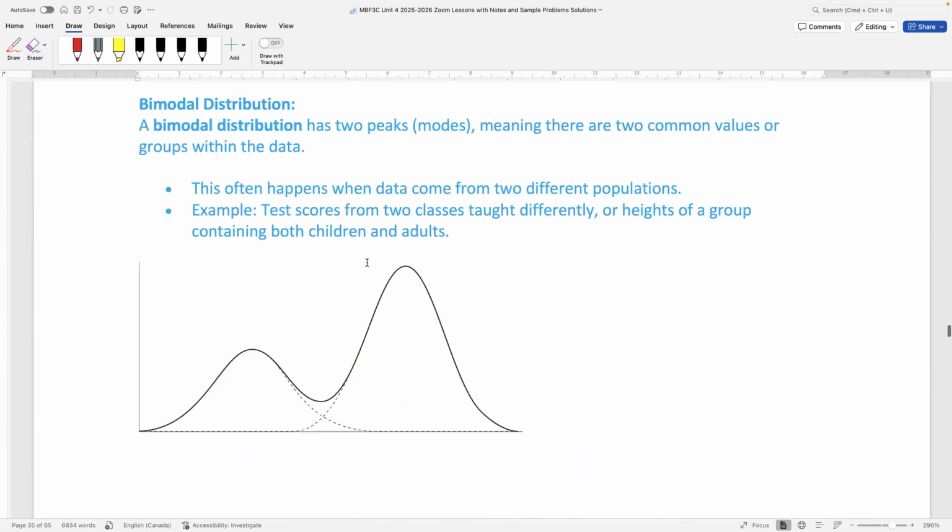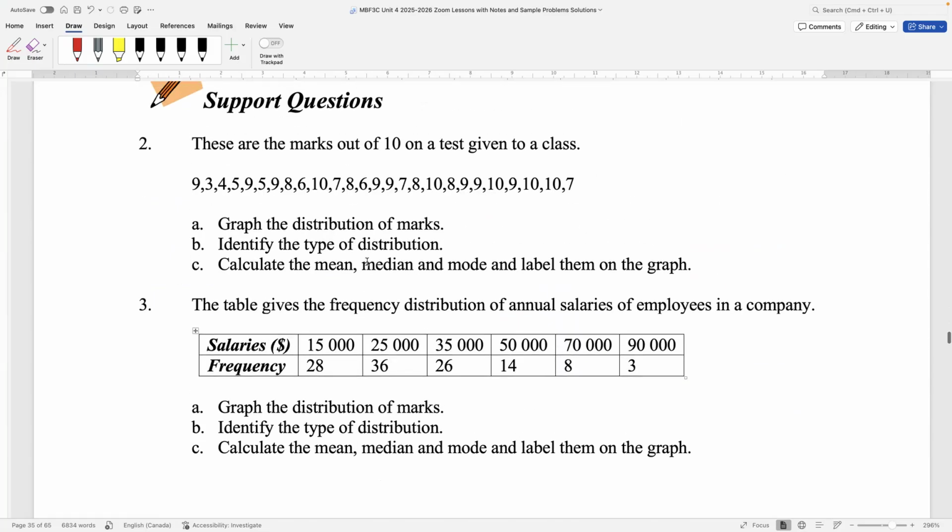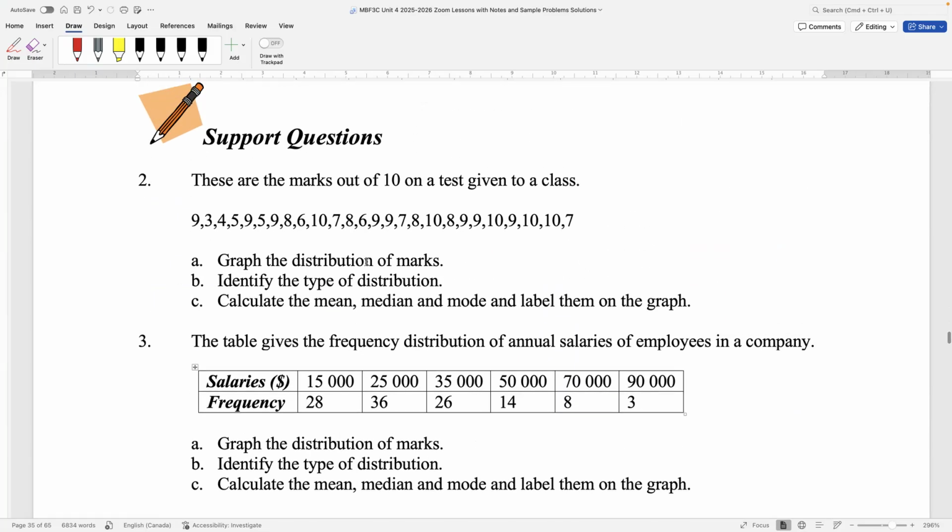So if we come down, there are some support questions. These are the marks out of 10 on a given test to a class. Again, make a chart first of all, that's what I would do. And then count how many of each one of those values and identify the type of distribution.